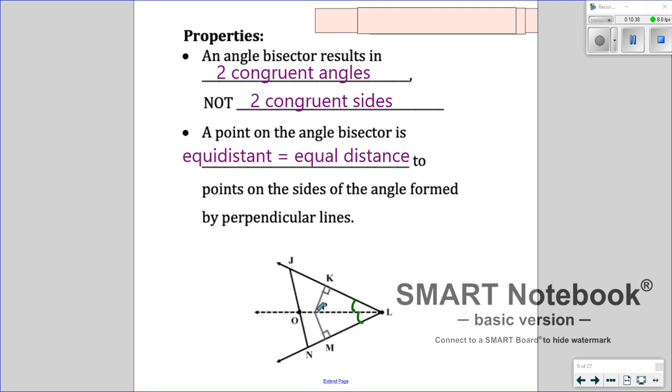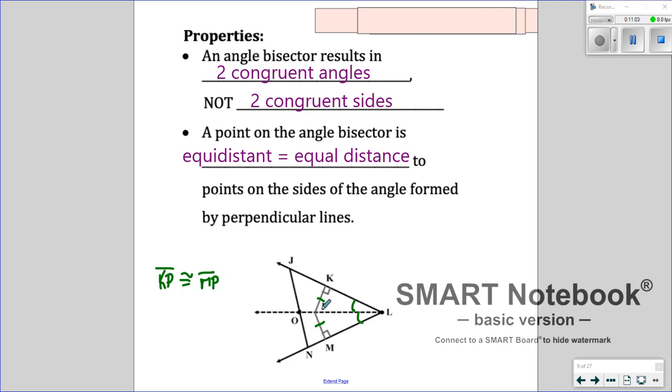When it hits that point on the angle bisector, then it's going to be equal. This one is congruent to that line. So I'm just going to write that segment KP is congruent to segment MP.